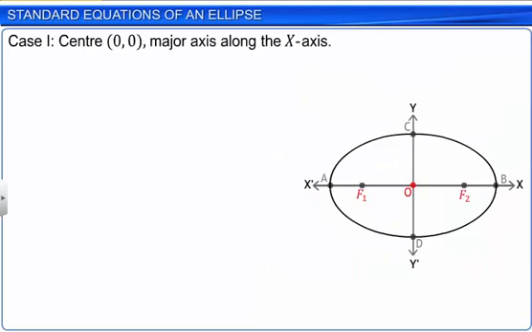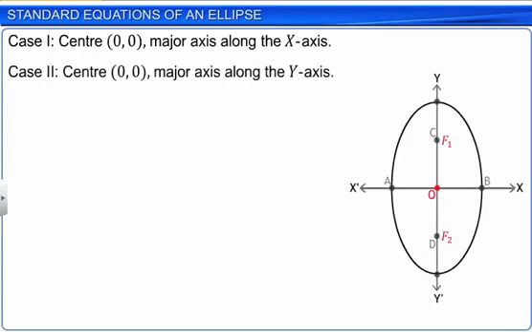The first possibility is that an ellipse has its center at the origin and its major axis along the x-axis. In this case, the foci of the ellipse lie on the x-axis. The second possibility is that an ellipse has its center lying at the origin and its major axis along the y-axis. In this case, the foci of the ellipse lie on the y-axis.